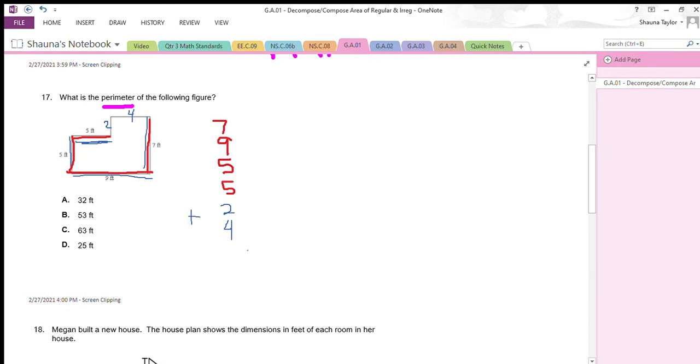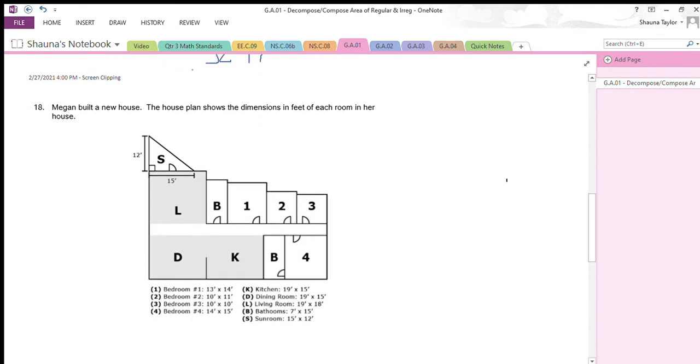Now I can add them all up. Okay, I know that 7 and 9 is 16. And I know that 5 and 5 is 10. So 16, add 10 more is 26. 27, 28, 29, 30, 31, 32. And it's perimeter. What is my measurement? Feet. And that's all I have to write because it's perimeter. So 32. There's our answer. A. So that's all you got to do is you just have to think about it.